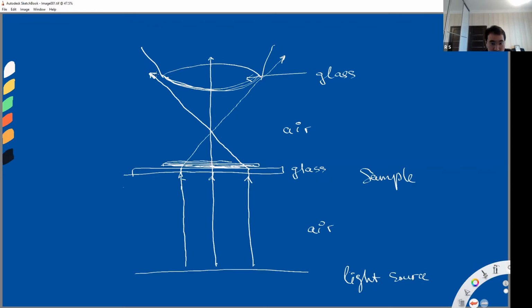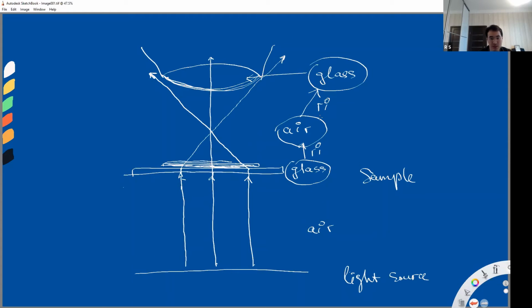So what we could do, we could reduce the difference between the glass to air to glass. So if we reduce this refraction index difference that is here and here, this loss of information will not happen.